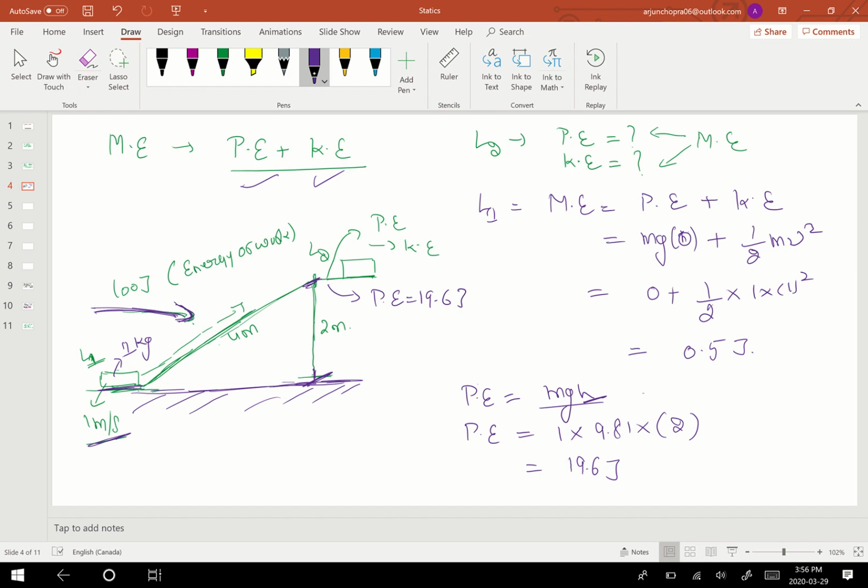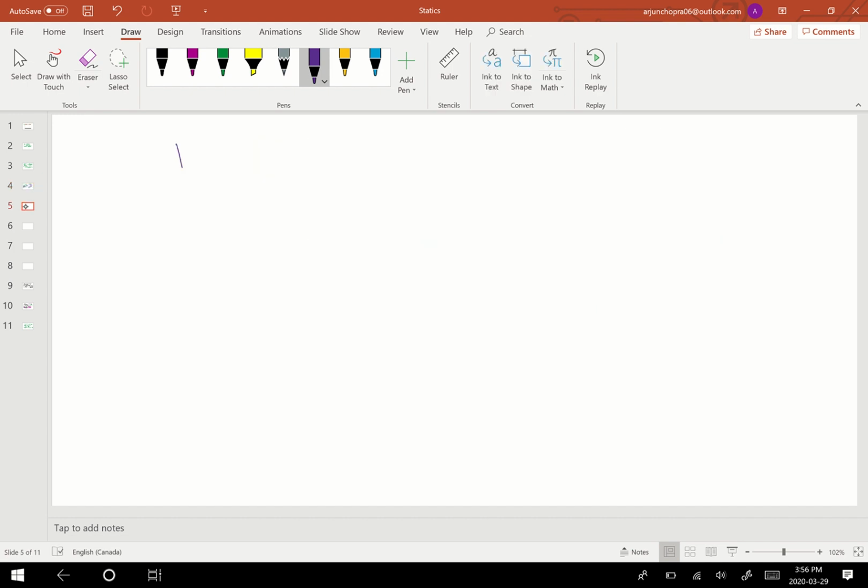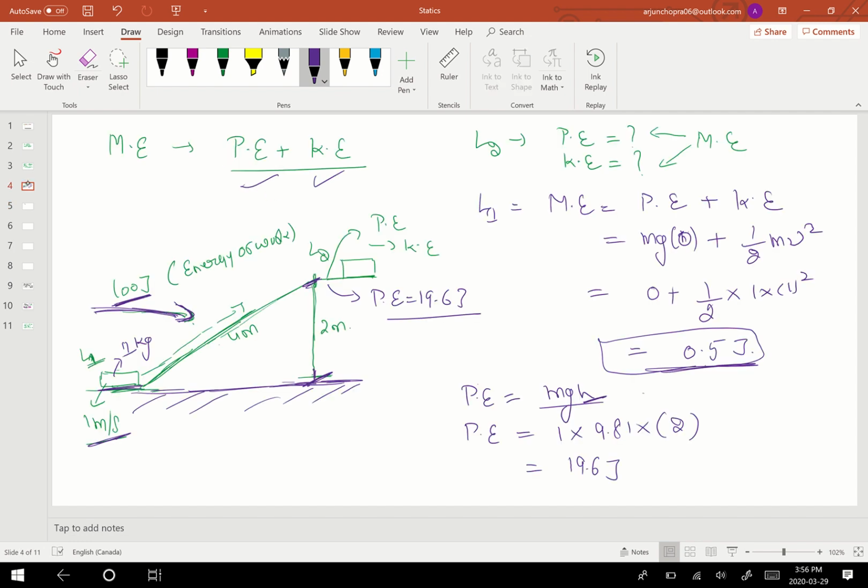Now if I look into this system, 100 joules has been added into the system, and the system already had 0.5 joules of energy. So the total mechanical energy at location 2: this is the 100 joules being added by me into the system, and it was moving with 1 meter per second, so this 0.5 is the energy it already had.